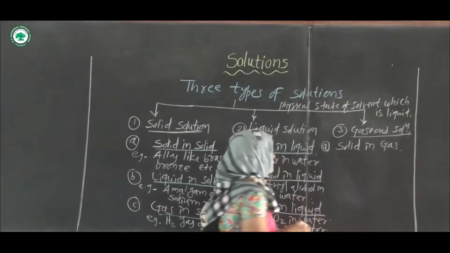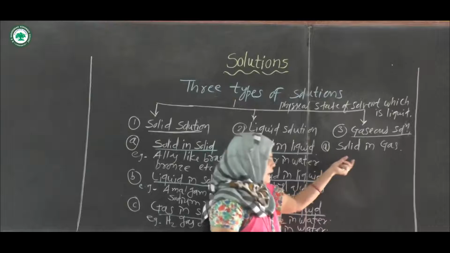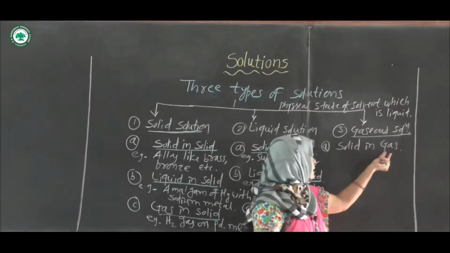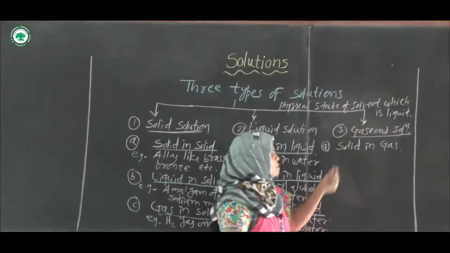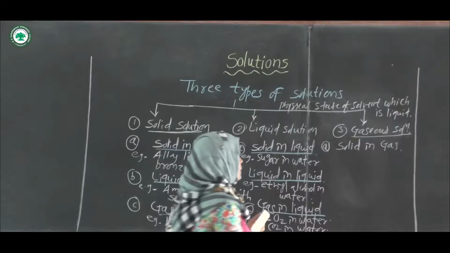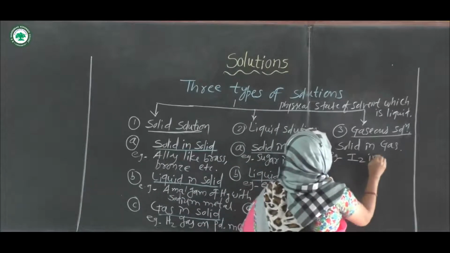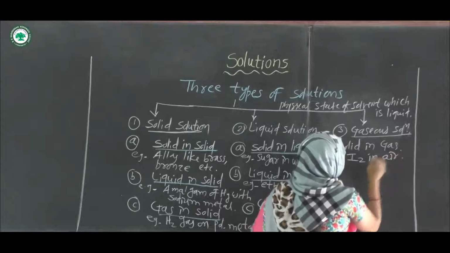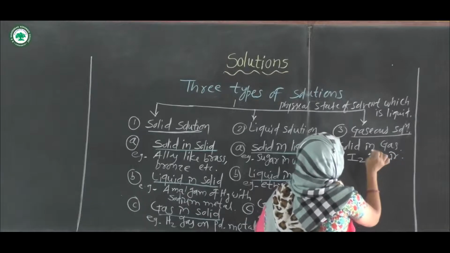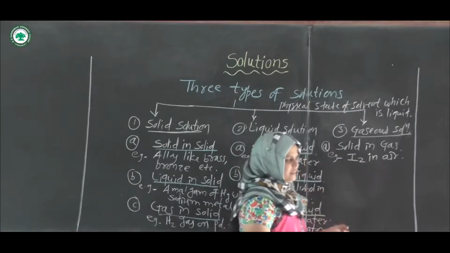Its meaning: solid is the solute substance and gas is the solvent component. So the first type of gaseous solution is solid in gas, and its example is iodine in air. Iodine is in solid form, which is vaporized into the air. Air is the gas.